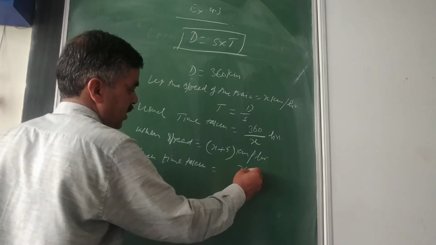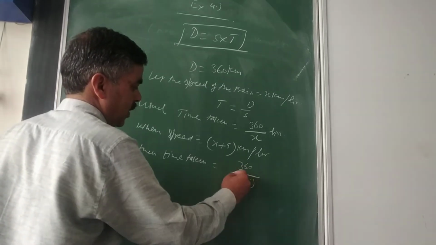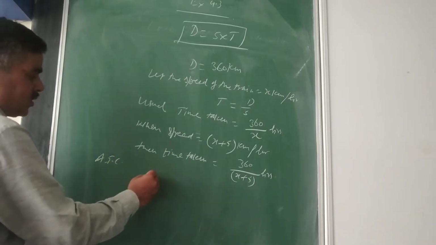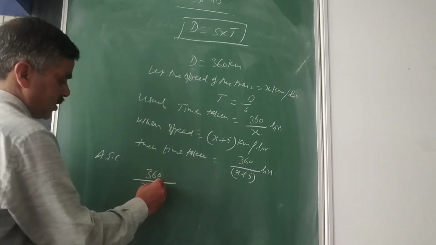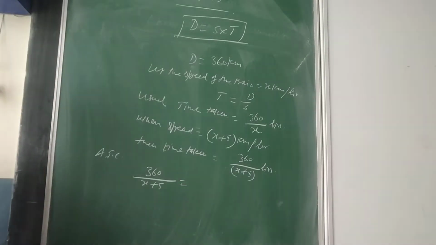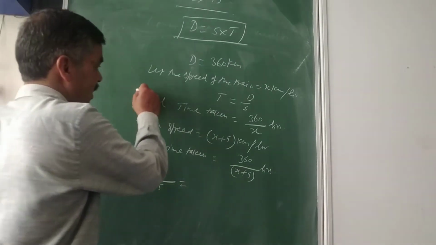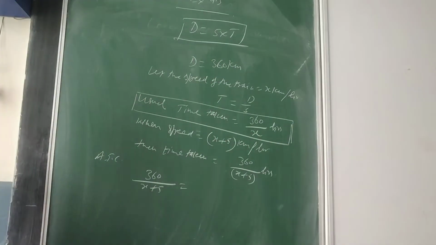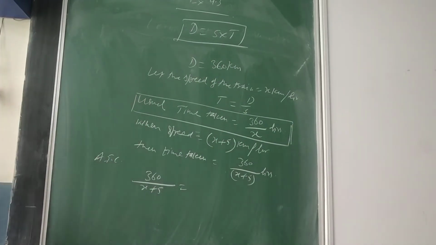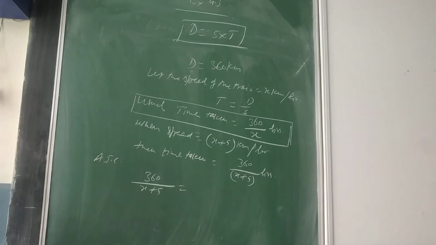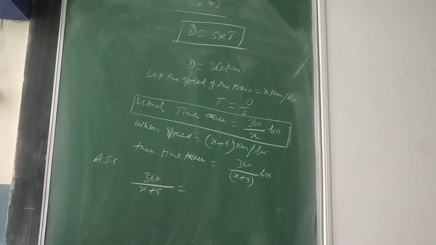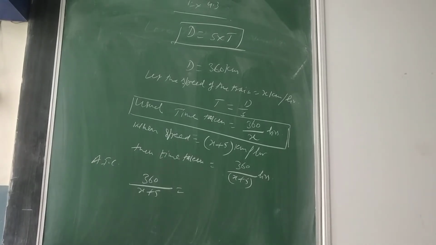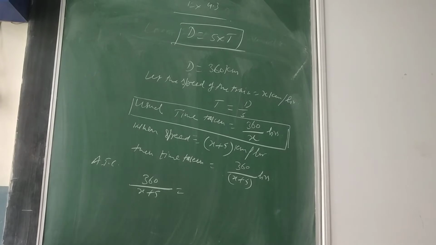Distance will remain same and speed will be x plus 5, so 360 upon x plus 5 hours. I said the increase or decrease will always be done with the actual time, that is your original time 360 by x. Now here it is, what? 360 upon x plus 5 is equal to 1 hour less.